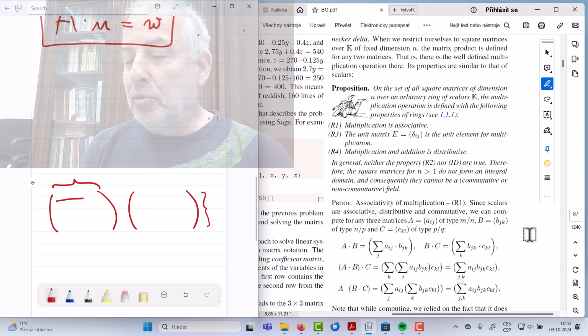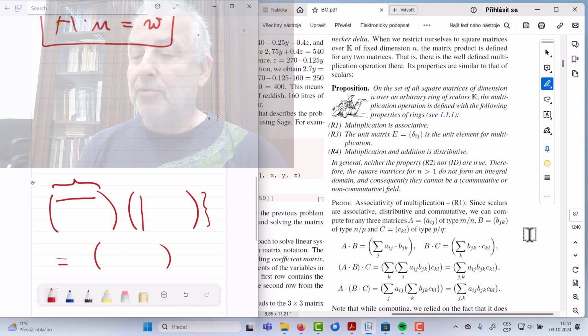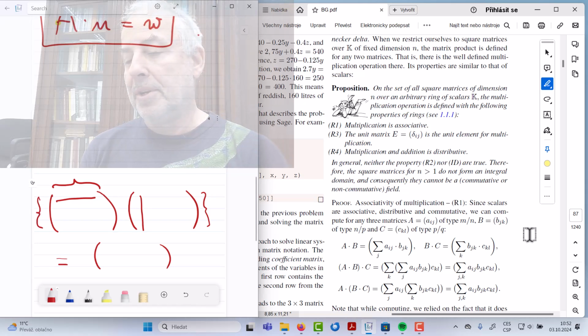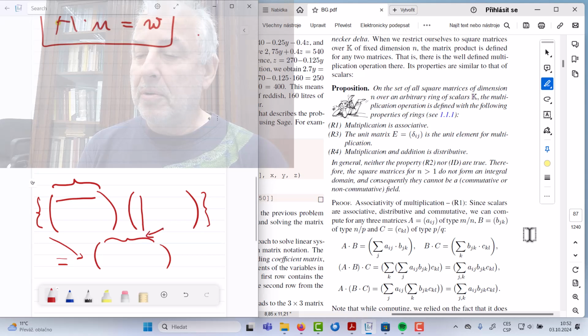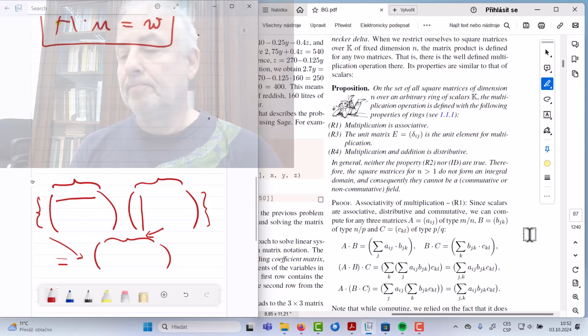Because when we do the multiplication, we do it this way, so there must be the same amount of components. And the result is then a matrix which has got as many rows as we had here, and as many columns as we had here. Right, so that's the core.